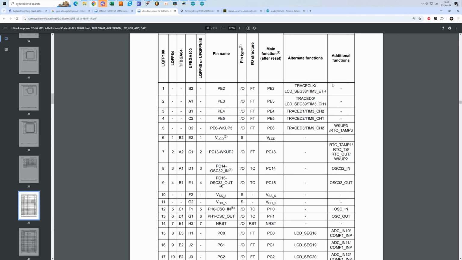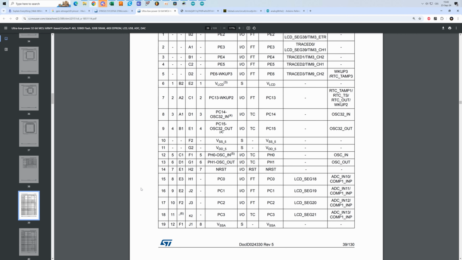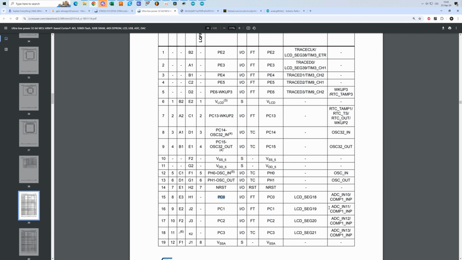So for example, pin 15, PC0, can be used as an analog pin, meaning it has an ADC, so it can input, it can process analog voltage, but it doesn't have DAC, so it cannot output analog voltage.